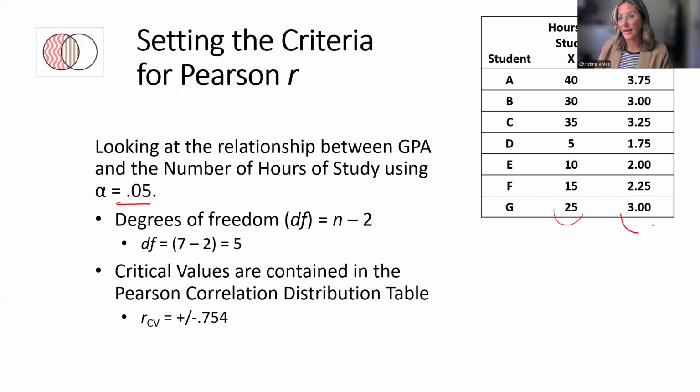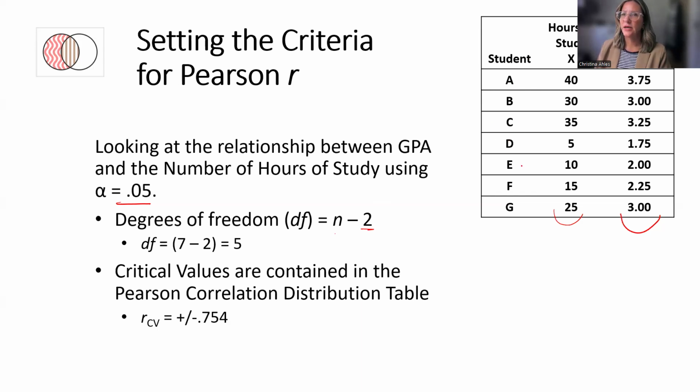One is GPA and one is hours of study. This minus 2 accounts for there being two separate means, a mean for the hours of study and a mean for GPA. They are independent of one another. So it's how many participants there were, minus 2.